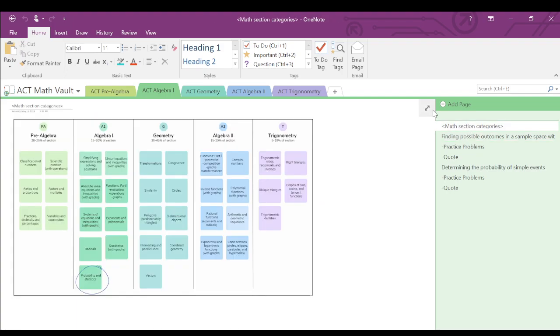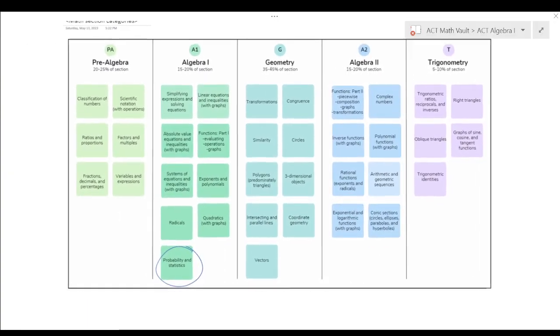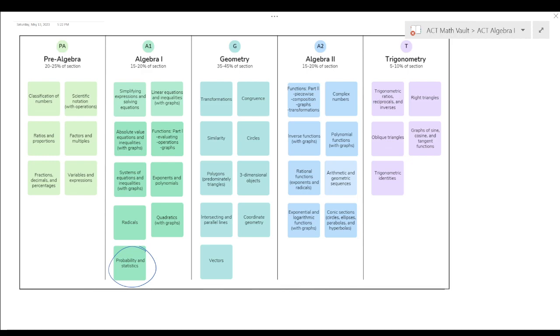All right, so math section, probability really could be nested under any of these topics. It's sort of that topic that teachers try to fit in, in different subjects.